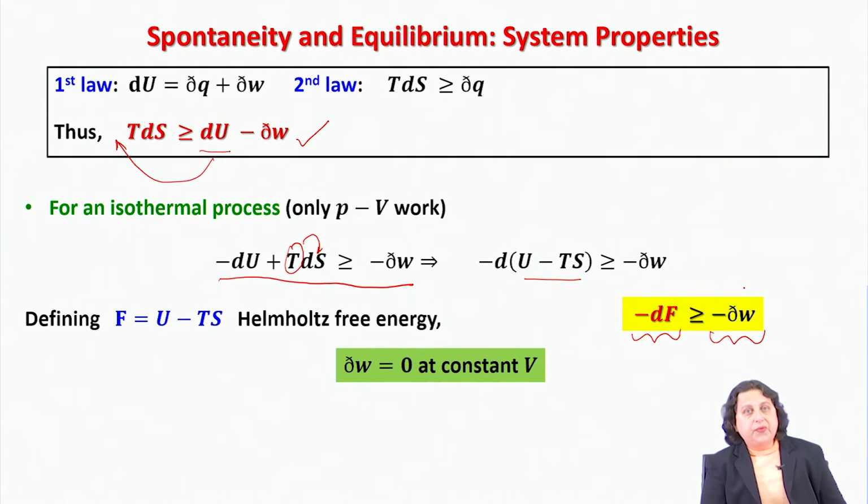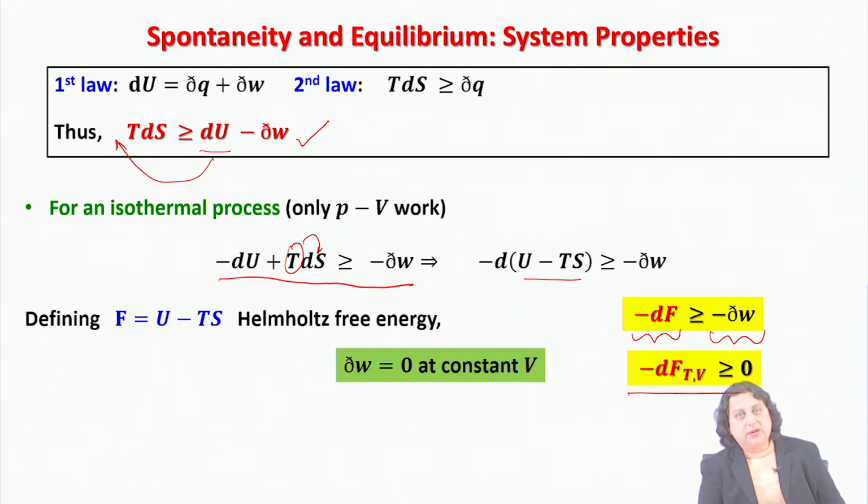Now, if I am carrying out this isothermal process at constant volume, what will happen? dW would be equal to 0. So, for an isothermal process where dW is equal to 0, dF must be less than or equal to 0.